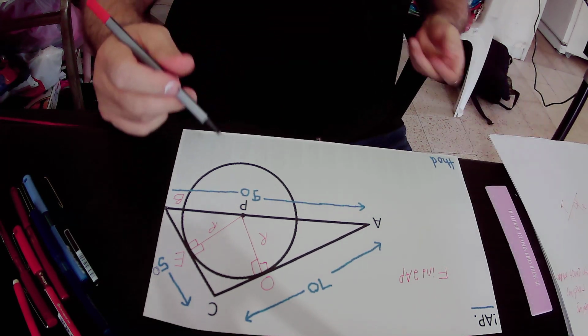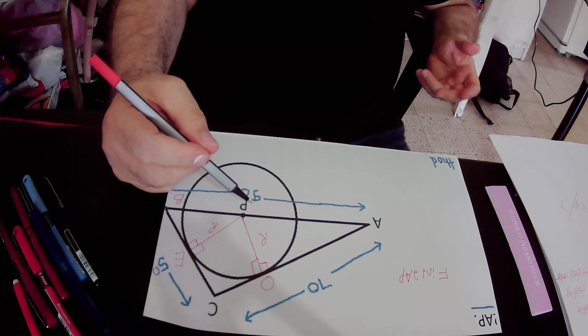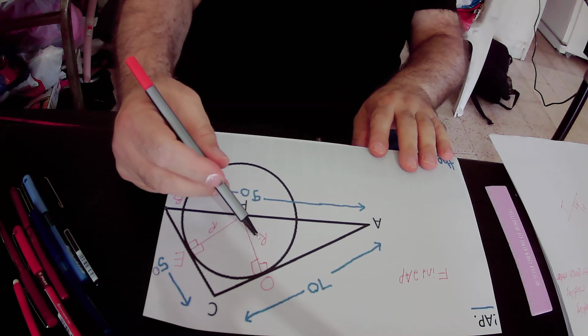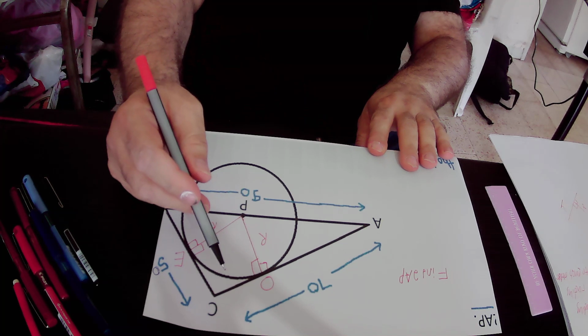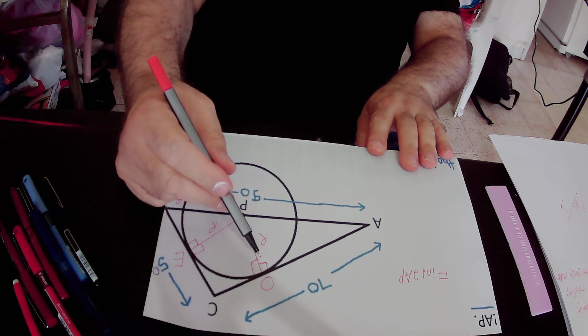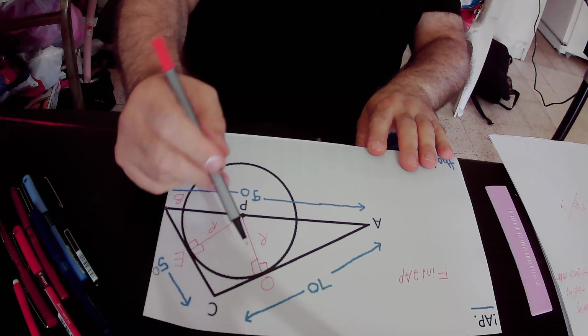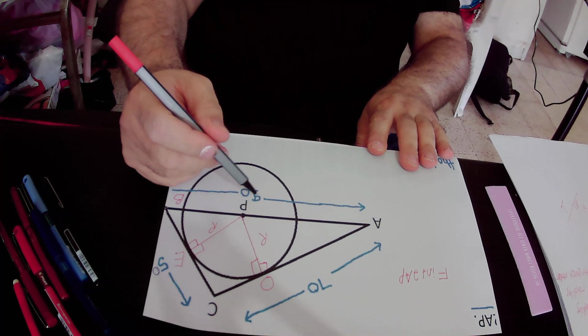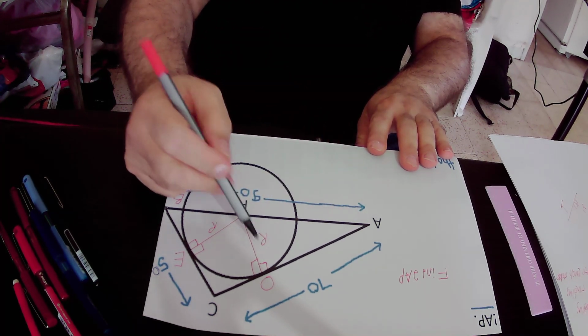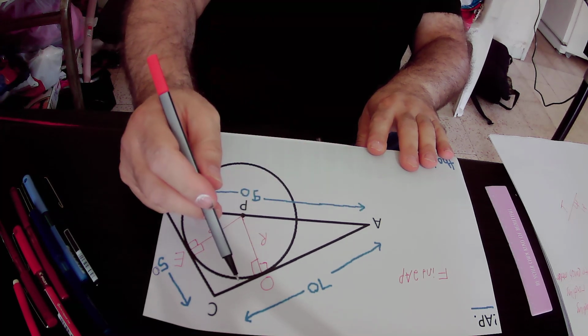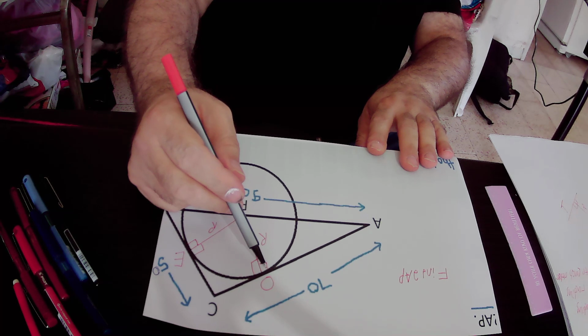I repeat again, that in our circle the radius and the tangent are perpendicular to each other according to rule number 1, because OP is the radius of this circle, and AC is a tangent to that radius.